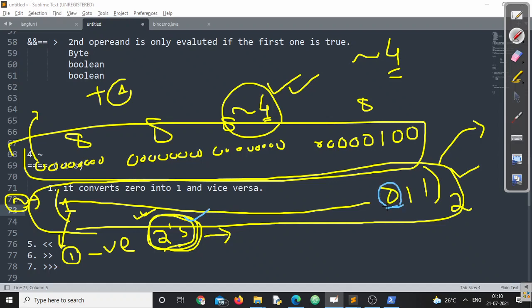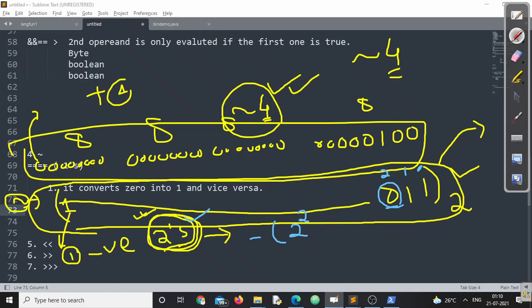What is the index position of 0? The first position is 0, second is 1, third one is 2, right? So what is the formula to convert this into decimal? The formula is, we put a minus sign, then we write 2 to the power 2.